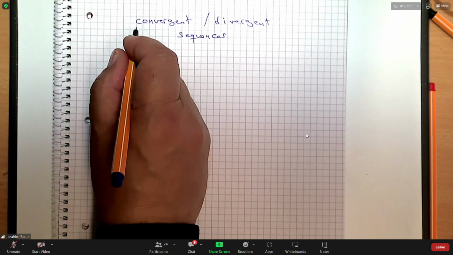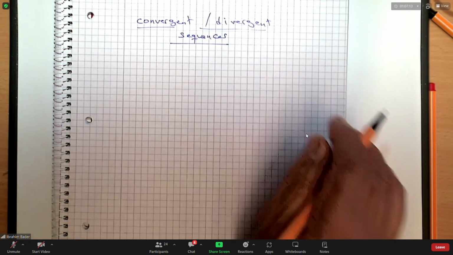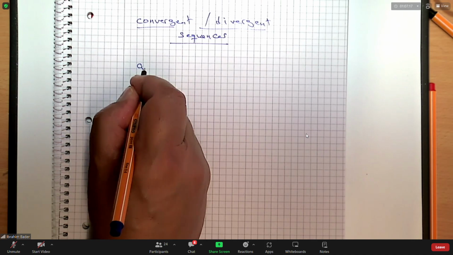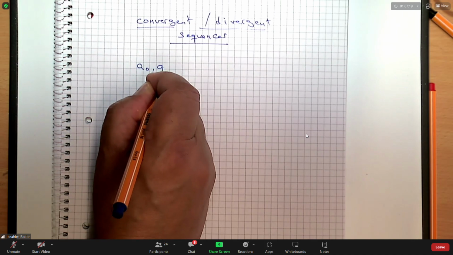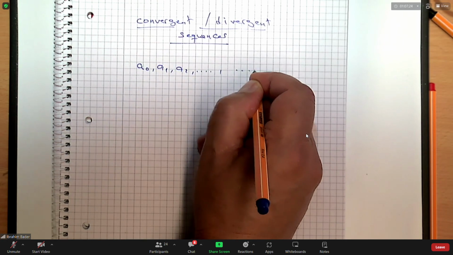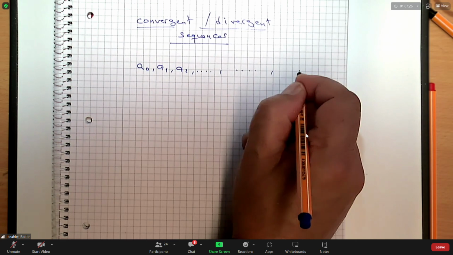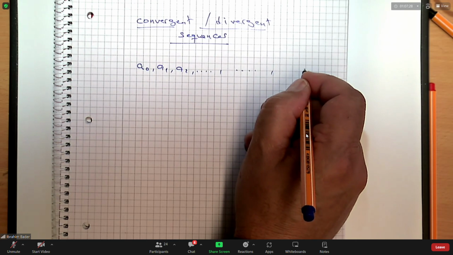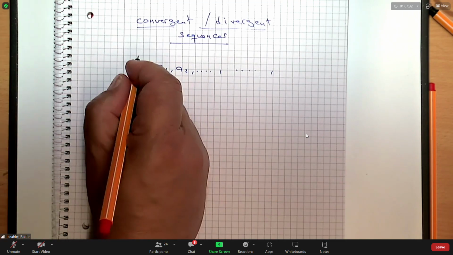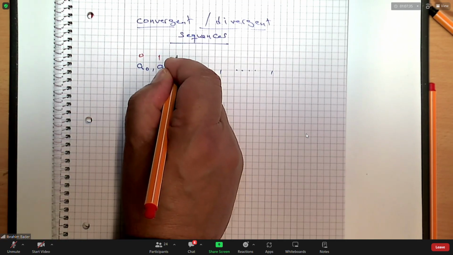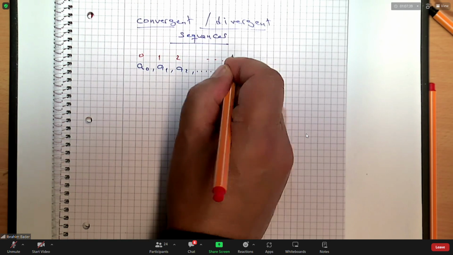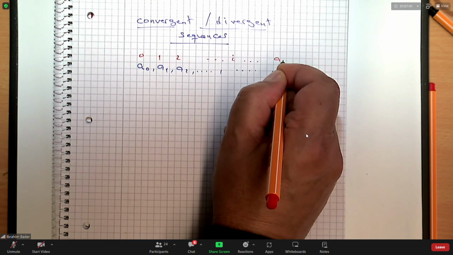But what is meant with convergent and divergent sequences? Now, if I have a sequence, so I have A0, A1, A2, then somehow here I have a counter, right? So here I have 0, 1, 2, somewhere here I have I, somewhere here I have N.